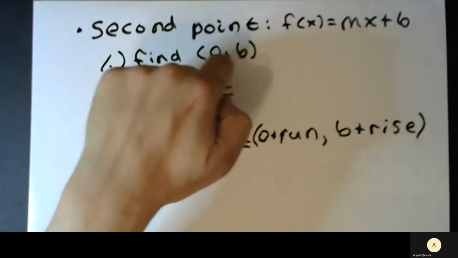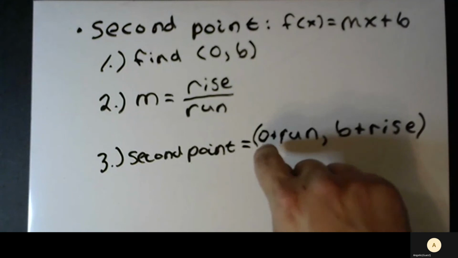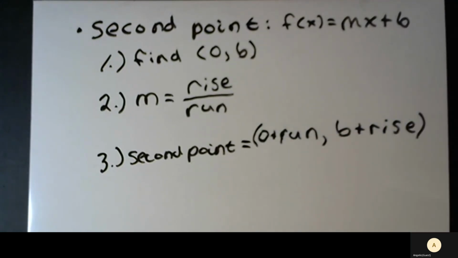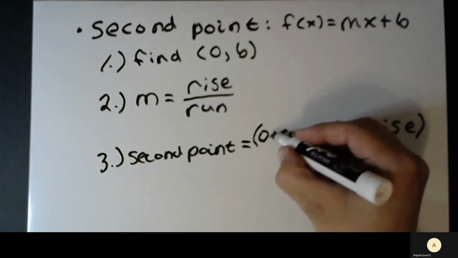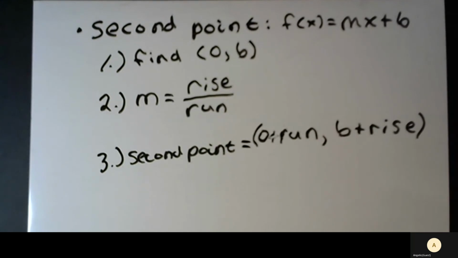It doesn't have to be 0 and b. If you had any other point on this line, adding the x coordinate to run and y coordinate to rise will give you a second point. That's a plus sign in there. So let me do an example. Any questions about this?